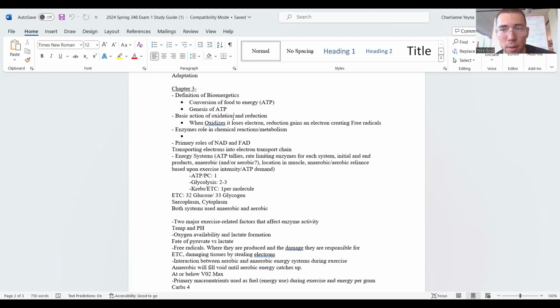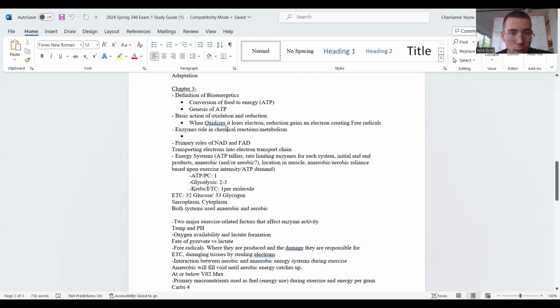Reduction is a gain of an electron and either a gain or a loss of hydrogen. I'm not sure which one, so that's up to you guys to figure out. When oxidation or reduction happens, a free radical is formed, which we'll cover later on, but just think of a free radical as being something that damages you.